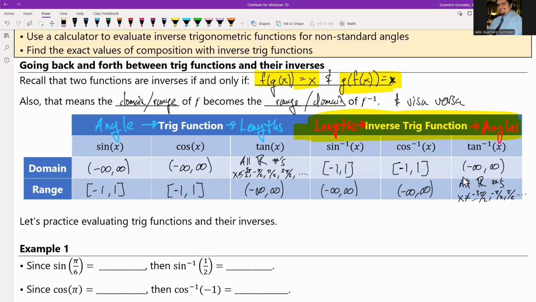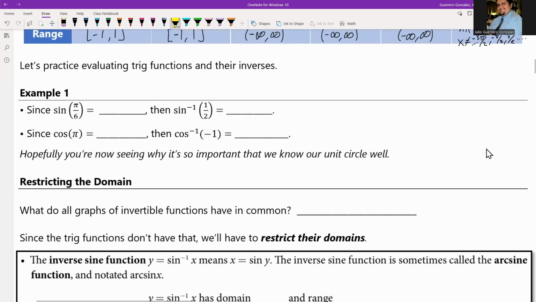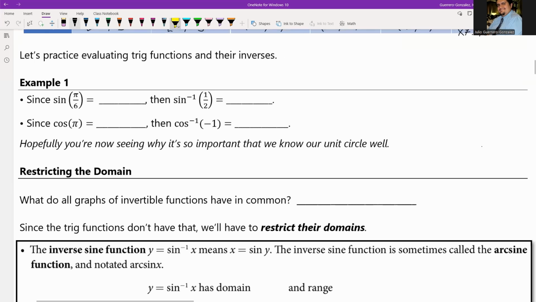Okay, so let's go ahead and start practicing a little bit. We know this from our unit circle. Go ahead, get your unit circle out. Sine of pi over 6, we go look at pi over 6. The sine of it is going to be 1/2.